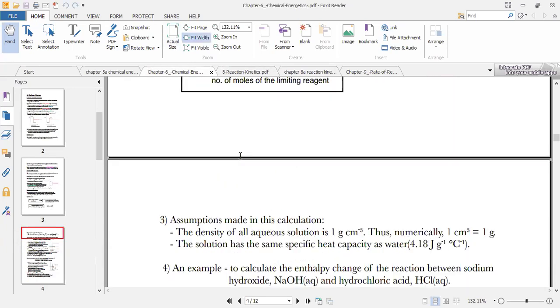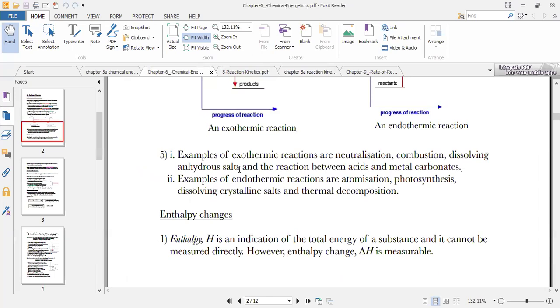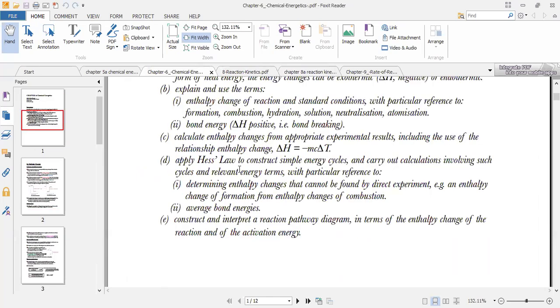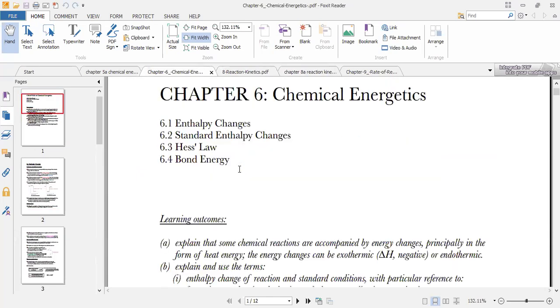Here we have the energetics, chemical energetics. Enthalpy change. What is the meaning of enthalpy? The heat energy released.